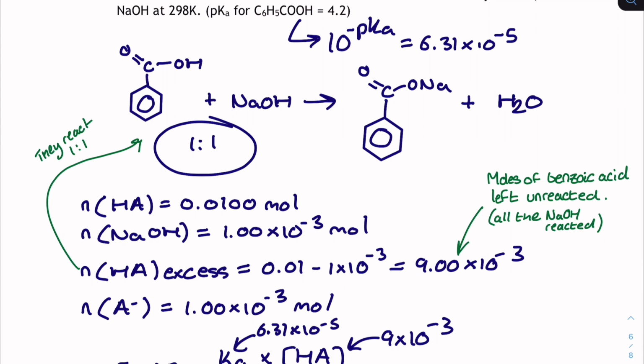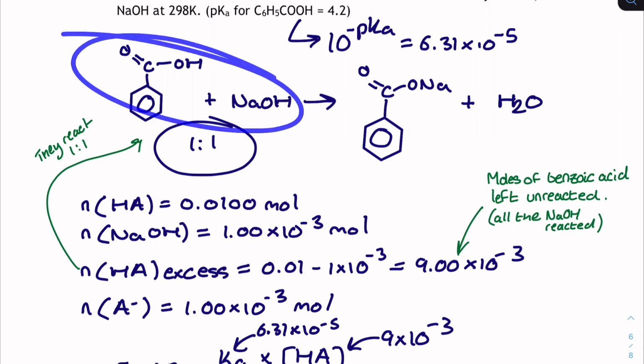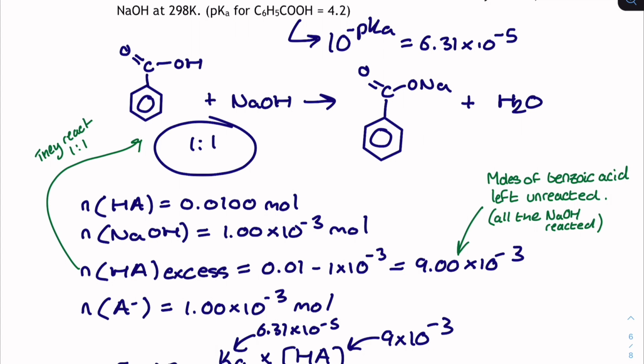Well, I've got the reaction equation just here, so I've got my benzoic acid reacting with sodium hydroxide, and they react in a 1-to-1 ratio. So I've calculated my moles of benzoic acid as 0.01, and I've got my moles of the sodium hydroxide as 1 times 10 to the power of minus 3.